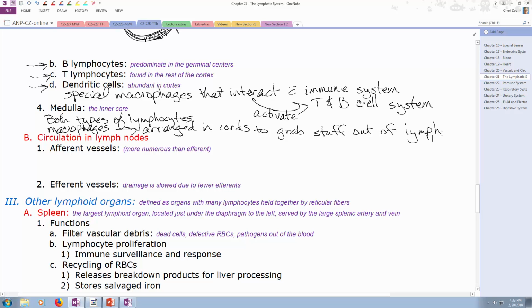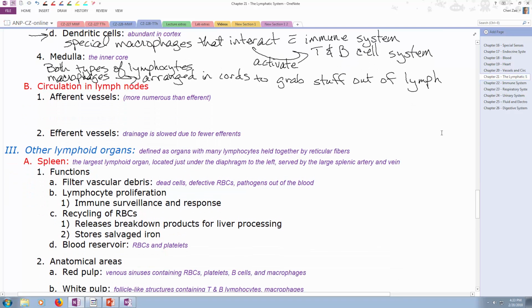As we noted earlier, we have more afferent vessels than efferent vessels, and this is to slow the drainage through our lymph nodes. The afferent vessels will conduct lymph to the subcapsular sinus first. So we have a loose capsule on it. And so the afferents are bringing lymph in, and they're going to kind of make it bulge out or billow on out as they bring that in of our lymph node.